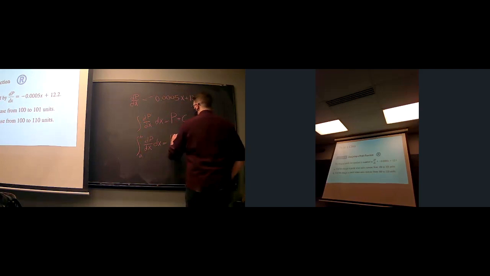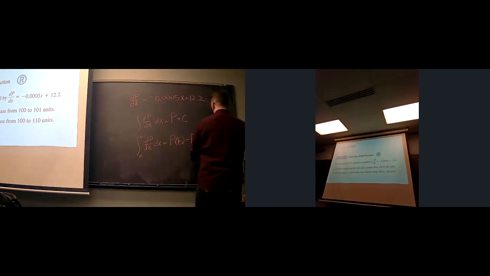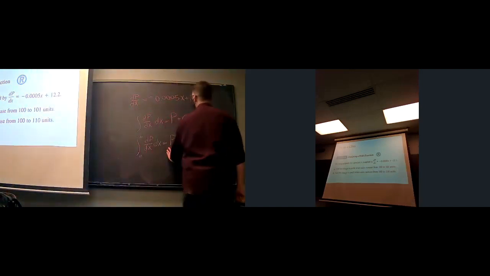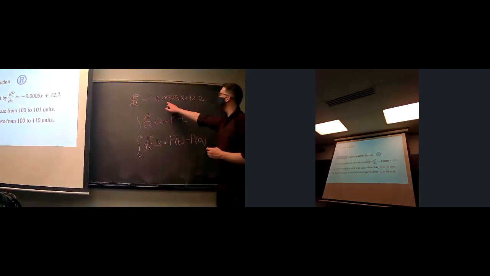So if we integrated this thing from a to b, dP/dx integrated with respect to x, that's going to give us profit at b minus profit at a. Well, I do declare that's the change in profit. So using this observation here, we're going to integrate this from 100 to 101.